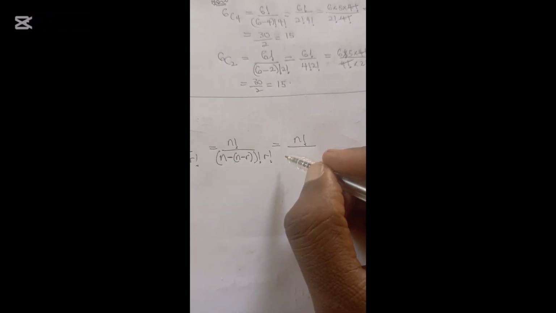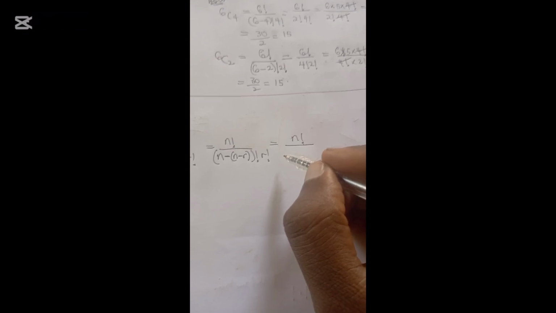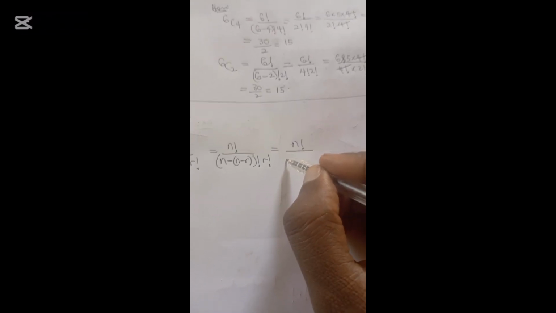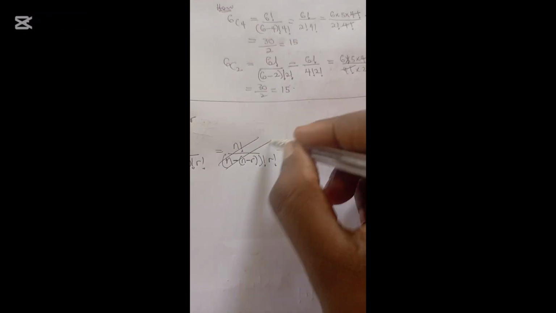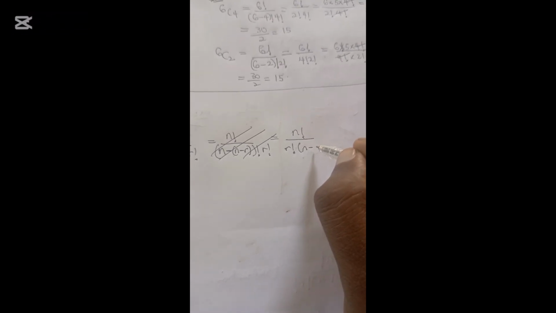There's a problem with that, so I think we should go with n factorial over r factorial. This step is a blunder. r factorial, n minus r factorial.